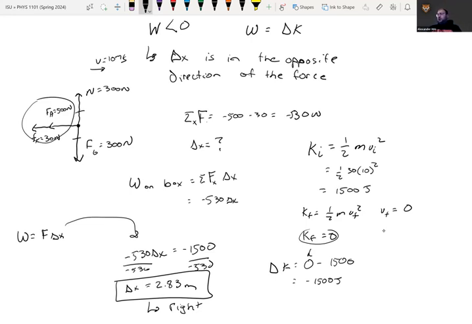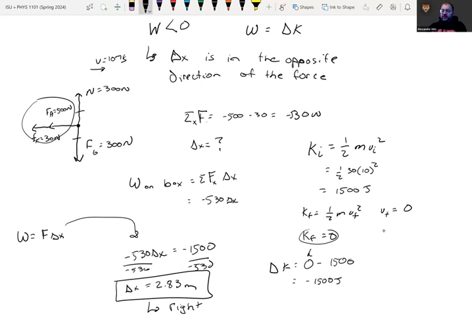Okay, so basically, we could have done this using Newton's laws, then kinematics. We used Newton's laws to find acceleration, and then we do the kinematics to find that. But it turns out that we can do it with this energy method, which skips finding the acceleration.